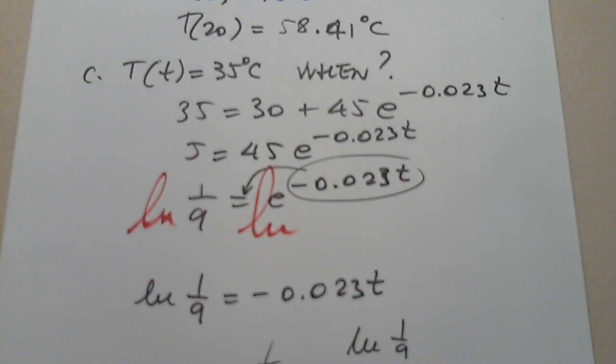Okay, so we have natural log 1 divided by 9 divided by, in parentheses, negative 0.023. And see, I didn't put the negative. I said it, but I didn't. Okay, now I did another boo-boo.